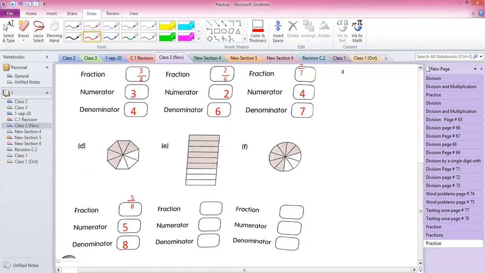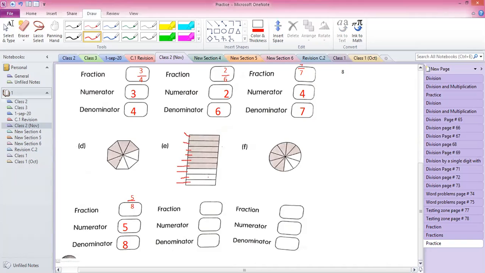Let me check for you guys. 1, 2, 3, 4, 5, 6, 7, 8, and 9. Yes, very good. The answer is 9. There are a total of 9 equal parts. So it is divided into 9 equal parts.